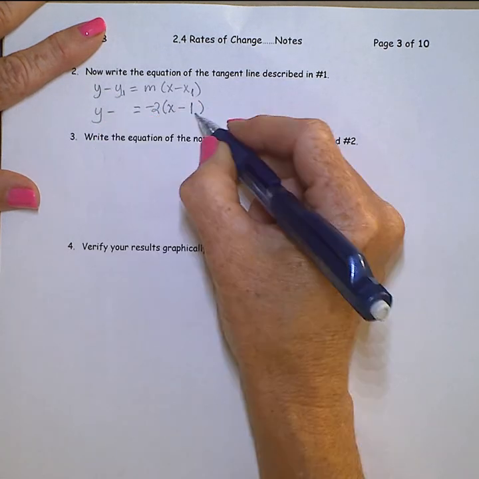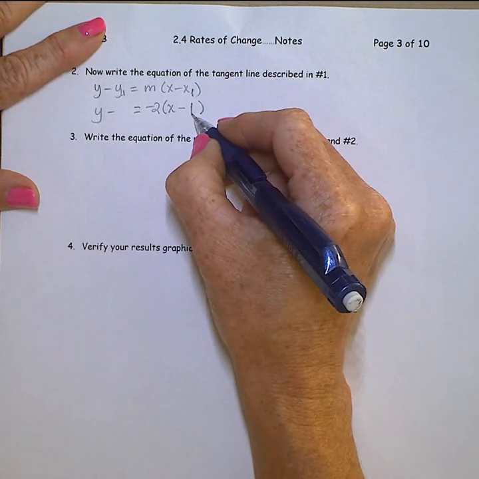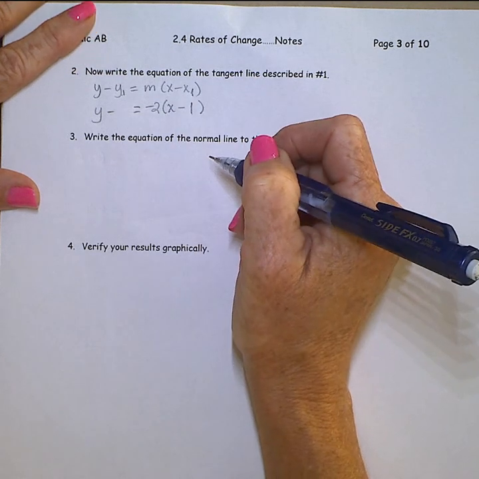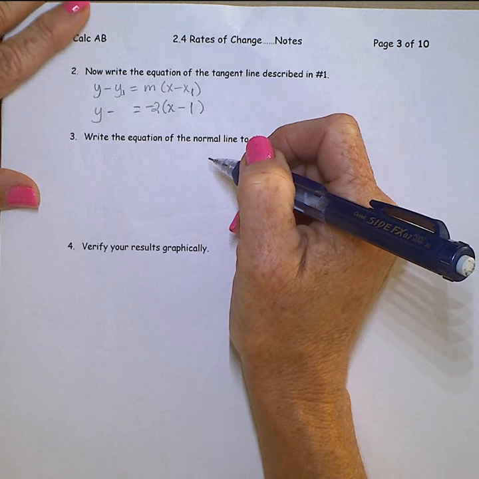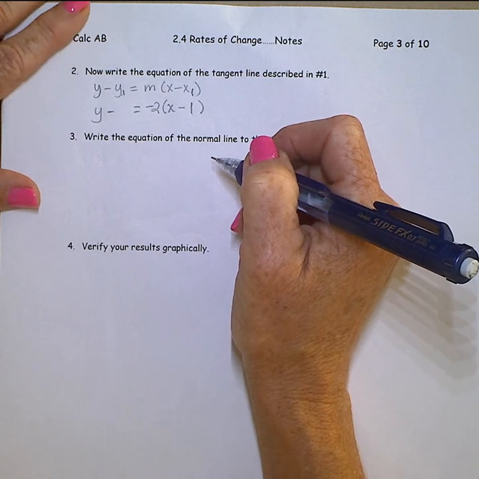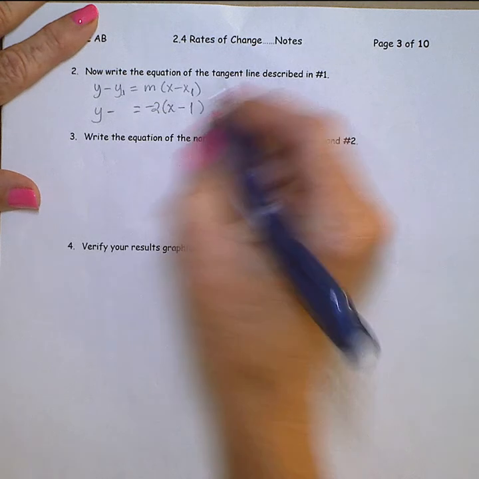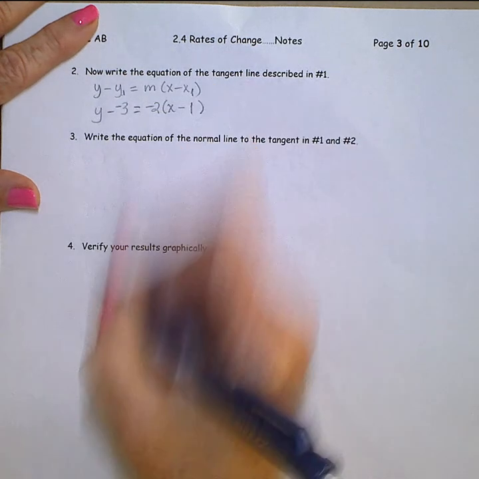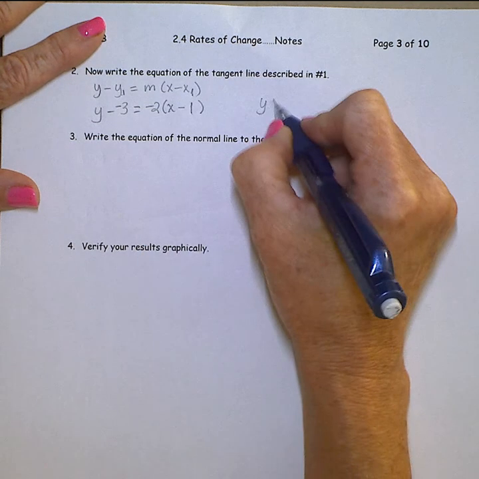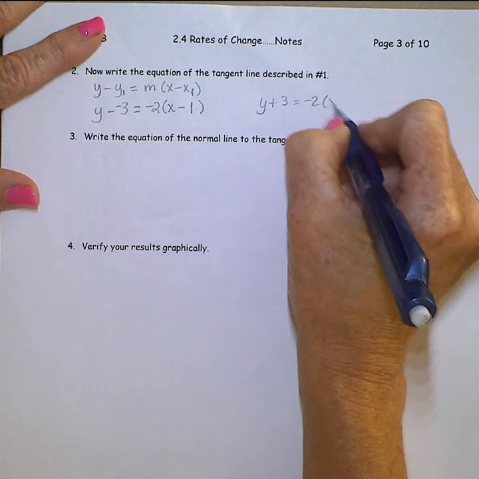So that's just taking this x coordinate 1 and plugging it into the original function, which we already did when we did f of 1 on the previous page. Are you with me? What was that? -3. So this is y minus the -3. And we'll simplify this down to be y plus 3 equals -2 times x minus 1.